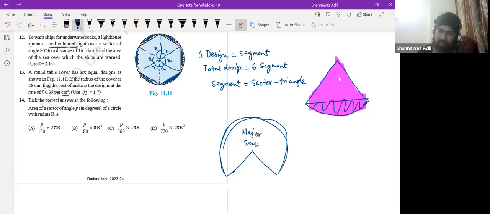Now, if you add this triangle to it, right? So you have added this triangle to it. So what does this figure become? This is the triangle. You have added this triangle. So what does this whole figure become?